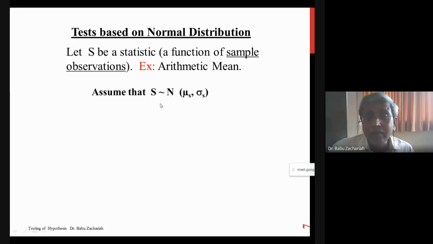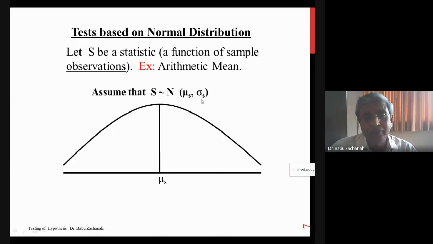Now assume that this test statistic follows a normal distribution with mean mu S and standard deviation sigma S. Why we are using this is that there is something called the central limit theorem, which says that if the sample size is large, irrespective of the parent population distribution, the mean follows a normal distribution.